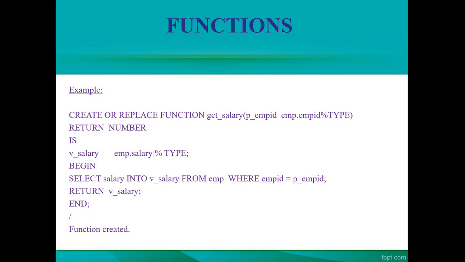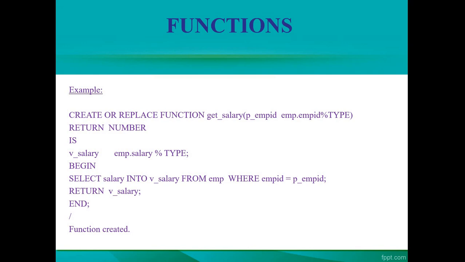Then it's going to RETURN NUMBER, and I am using the keyword IS. Next I am declaring a variable to store the salary. I am using v_salary, referencing the salary column in the EMP table.